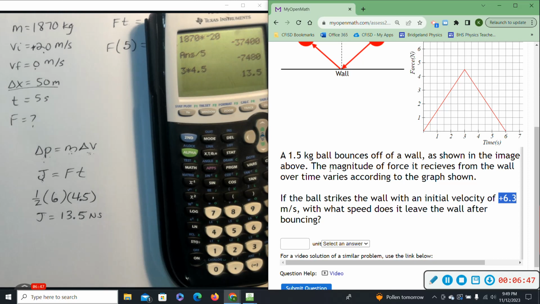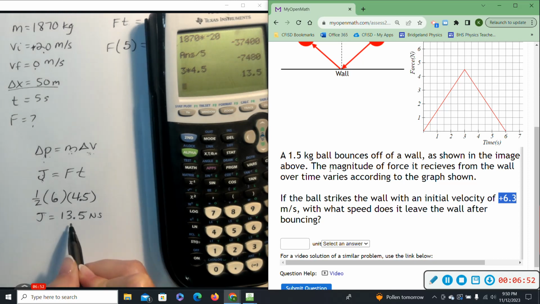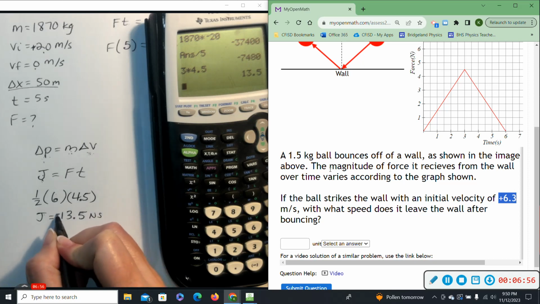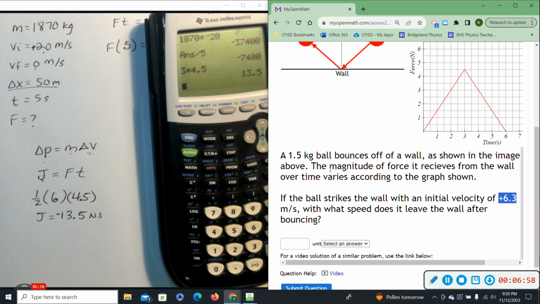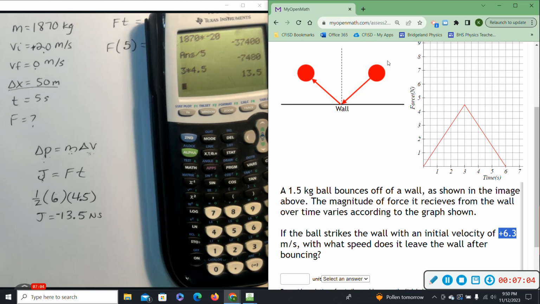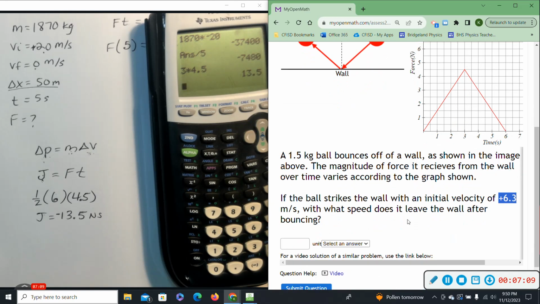The wall is pushing it in the negative direction, so although I get a positive number because the graph only shows magnitudes, this actually needs to be a negative number for my math. It's going to change direction. So if this was positive, this is now negative, and that's going to matter for my math.